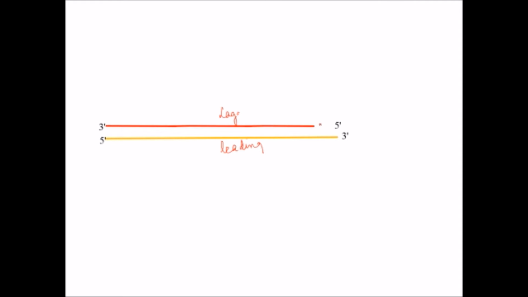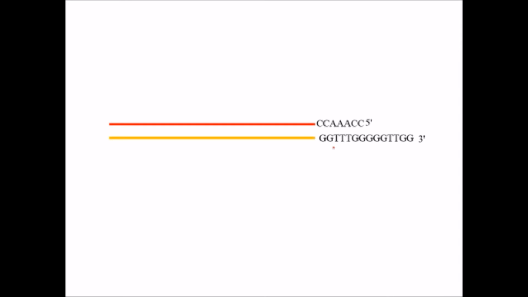It has the phosphate group at the 5' end, and there is no hydroxyl group at the end to act as a primer for the replication in case of eukaryotes, and this terminal is known as the telomere. Okay, have a detailed look at this. It will look something like this, because the telomere of eukaryotic DNA is rich in GT sequence.